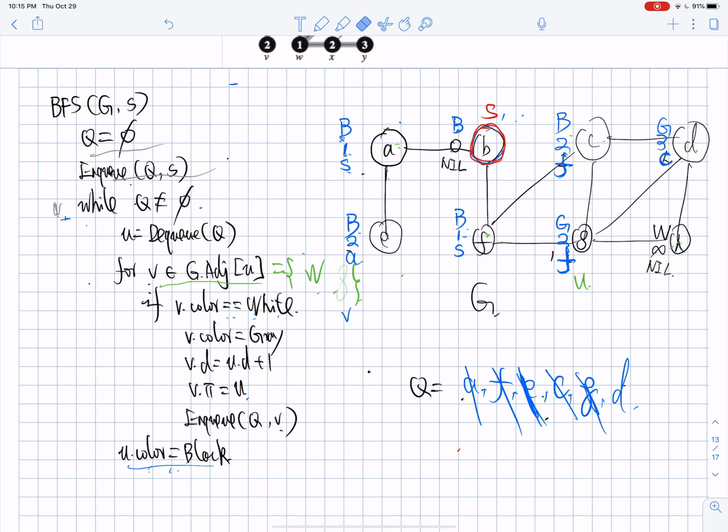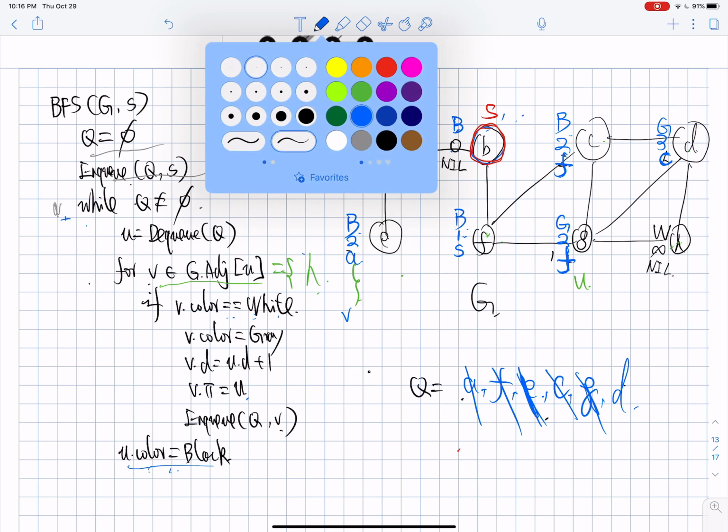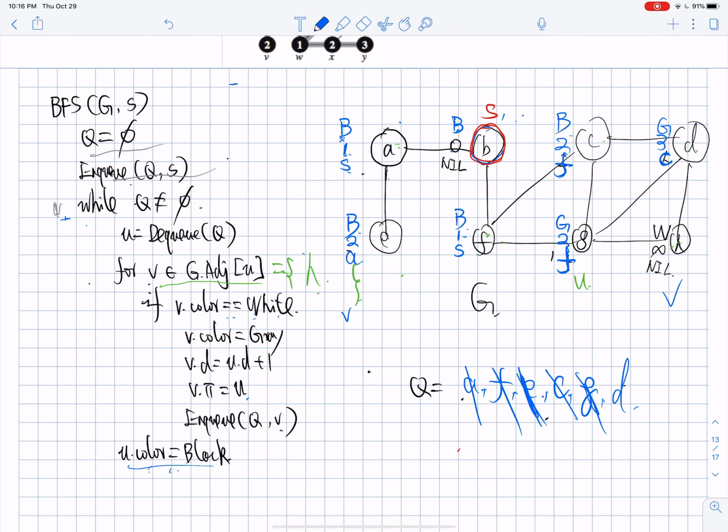We put the V sign right over here, and set its color as gray.